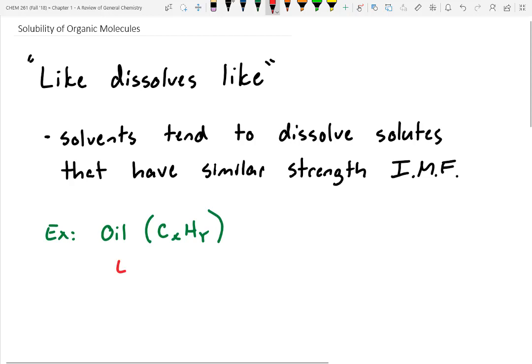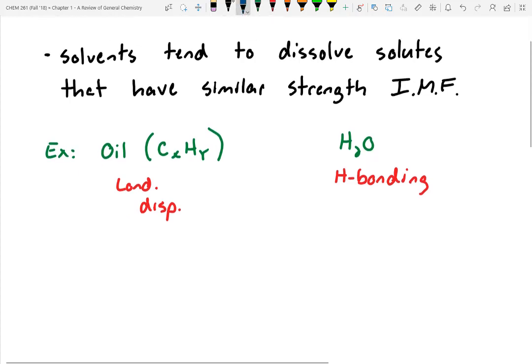London dispersion. London dispersion, there we go. And water, we previously said, has H bonding. These are very, very different intermolecular forces, therefore these will not mix well.